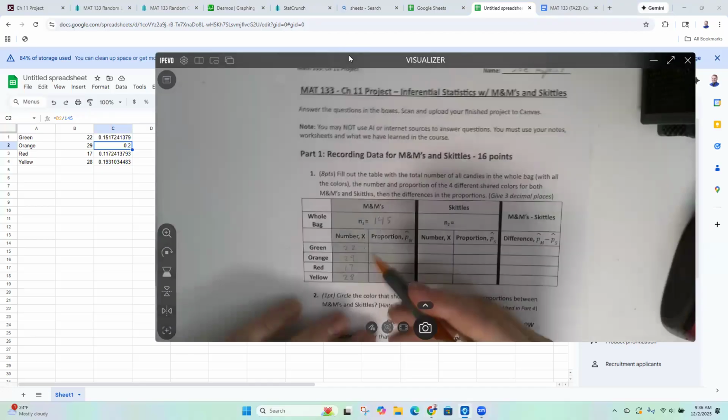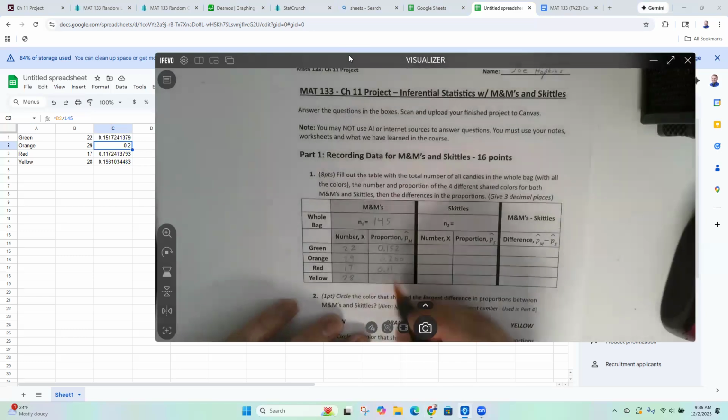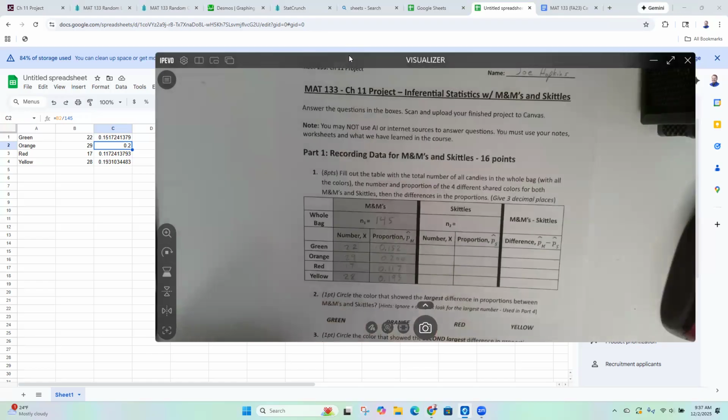All right, so green was 0.152, orange 0.200.